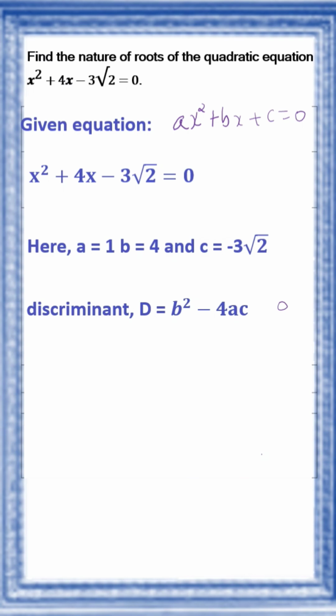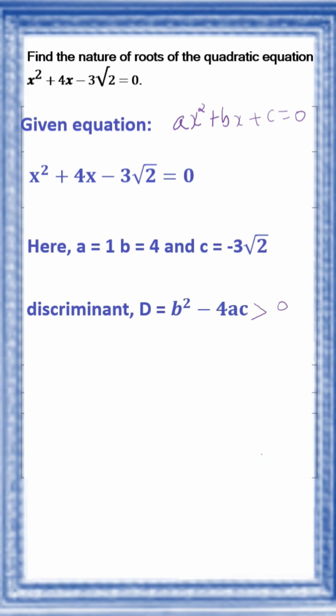If it is lesser than 0, then the roots are imaginary, not real. Now, if it is greater than 0, then the quadratic equation has two distinct real roots.